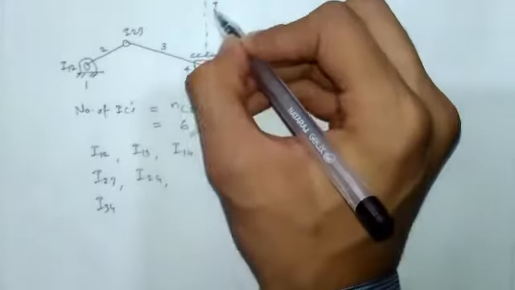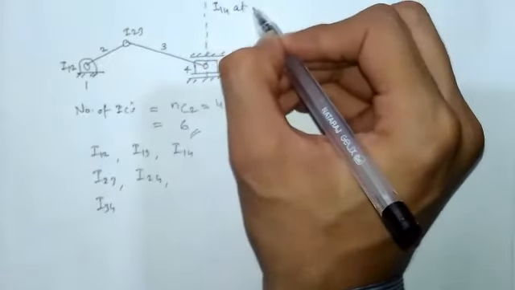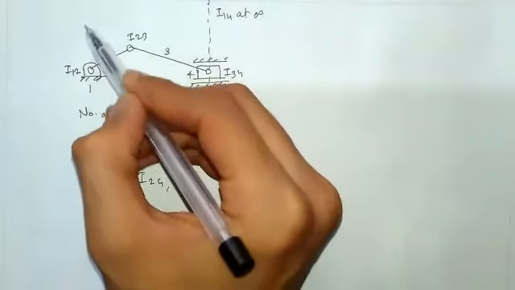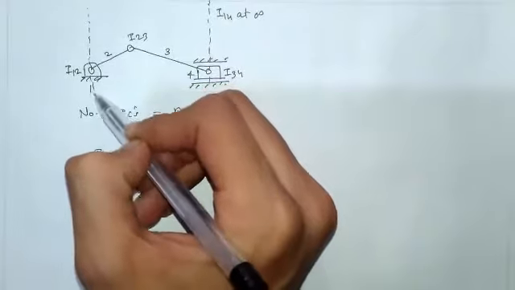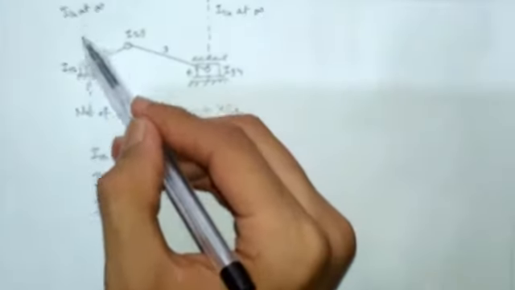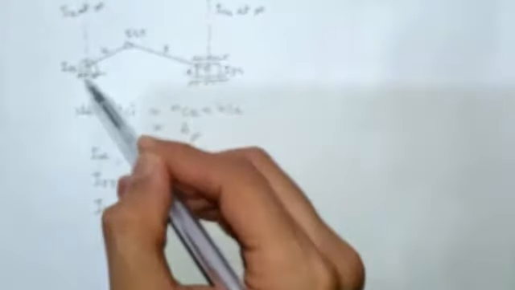So I14 is at infinity. Draw parallel to this line at the hinge also, I14 at infinity. And many people don't know the reason why we actually draw this line here. Slider is here, so why do we draw this line here also?